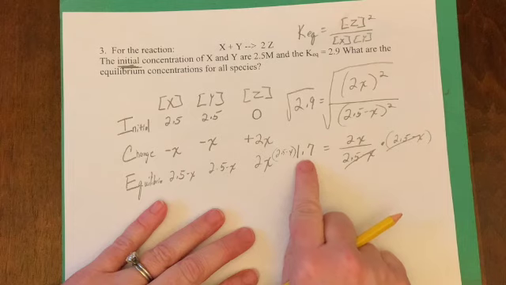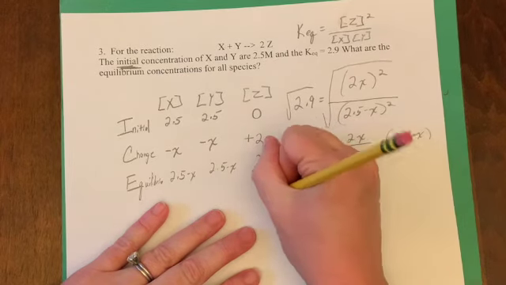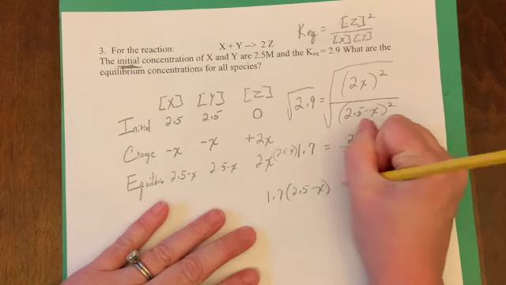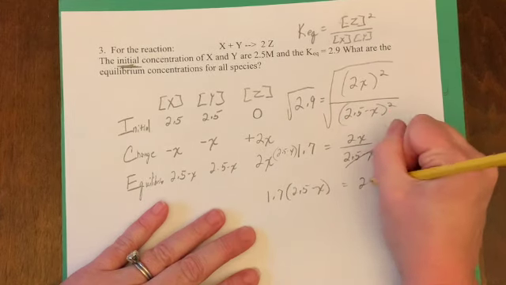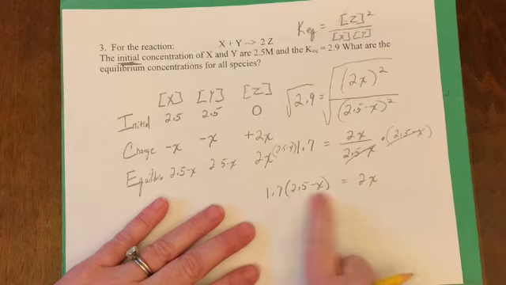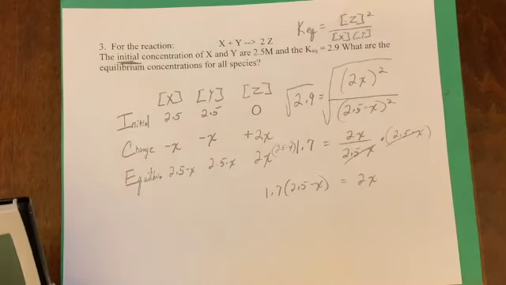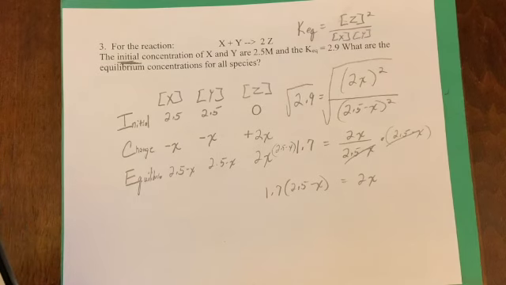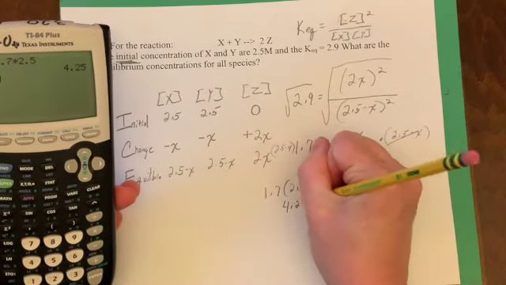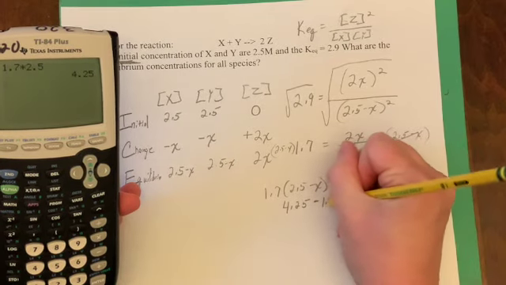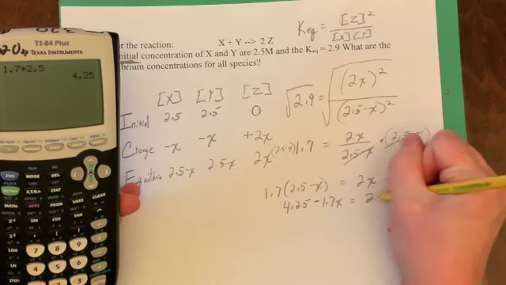I'm going to distribute this 1.7. So I'm just going to rewrite this down here. 1.7 times 2.5 minus x is equal to 2x. I'm going to distribute this. So 1.7 times 2.5, and that gives you 4.25, 1.7 times 2.5, minus 1.7x is equal to 2x.